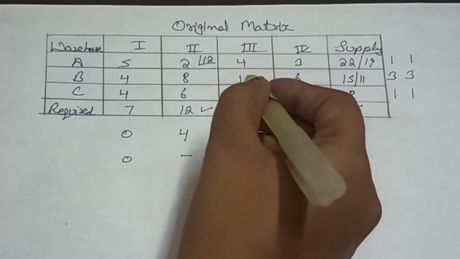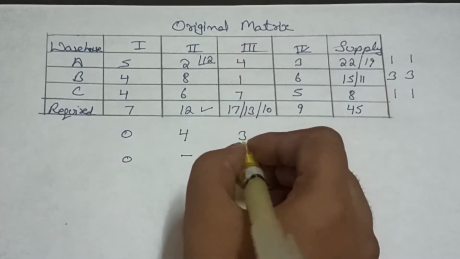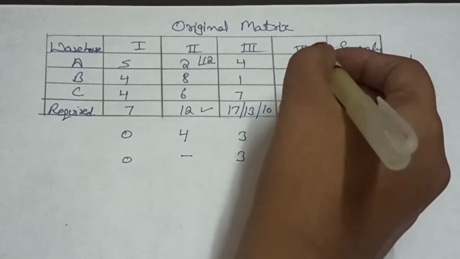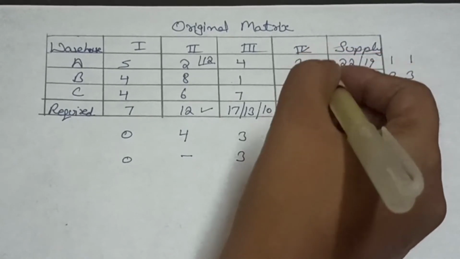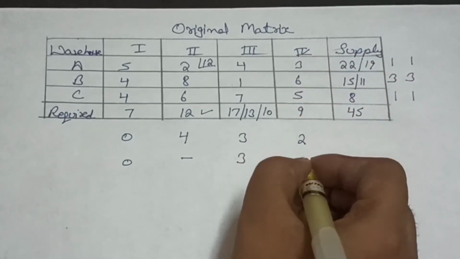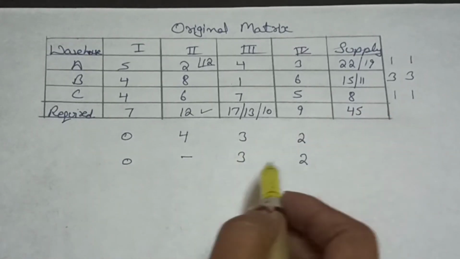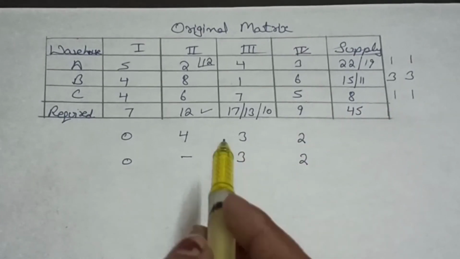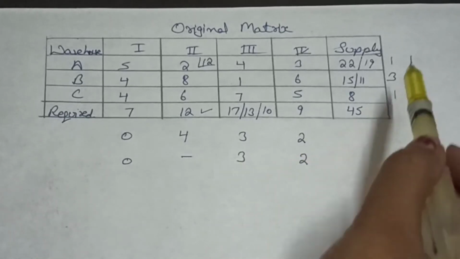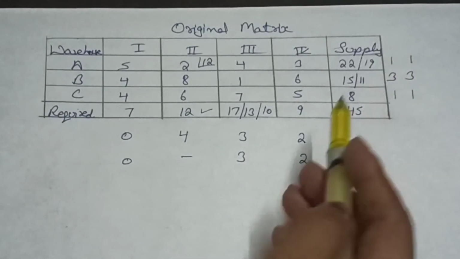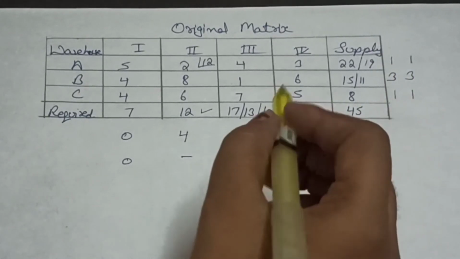And here we have 1 as minimum value, next minimum value is 4 and the difference is 3. Here we have minimum value 3 and the next minimum value is 5 and the difference is 2. So students, you can see here we have maximum penalty 3 and here we have also 3. So we can select any side.